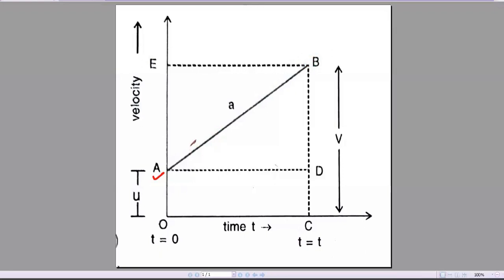See, the velocity changes at a uniform rate, and that is a. Look at the slope. It is going upward. So, here we can say that velocity changes at a uniform rate a.